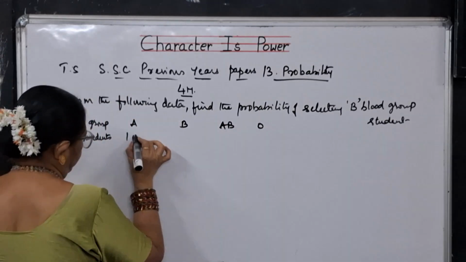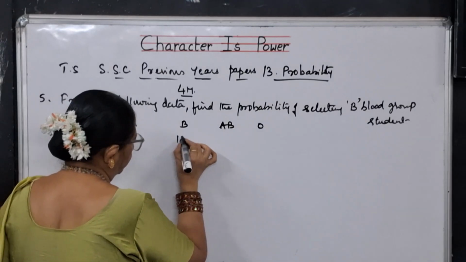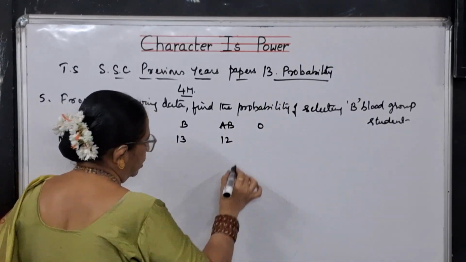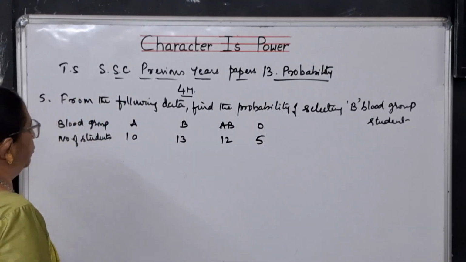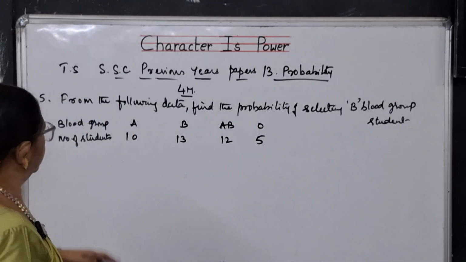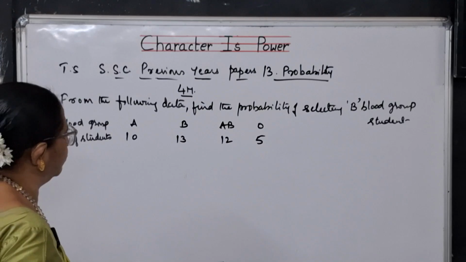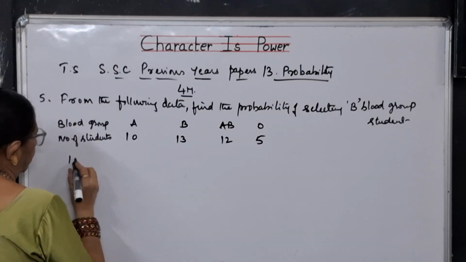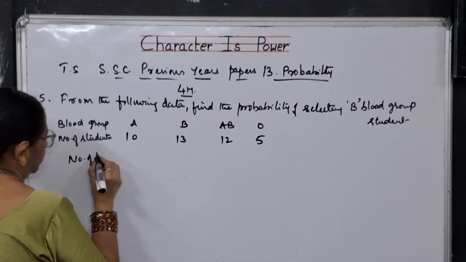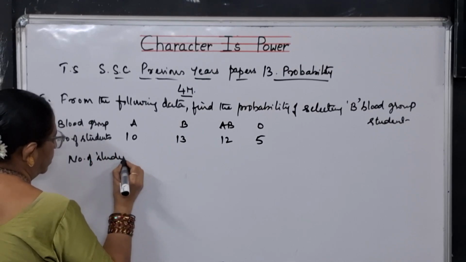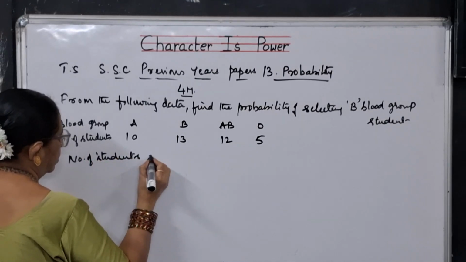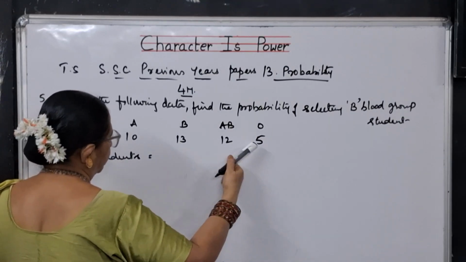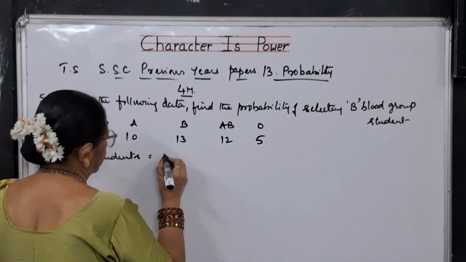A blood group are 10. B blood group are 13. AB blood group 12 and O blood group 5. So from the following data, find the probability of selecting B blood group students, only B. So number of students, how many are there here? 10, 23, 23, 5, 28, 38, 40.